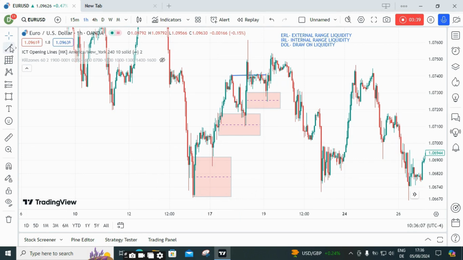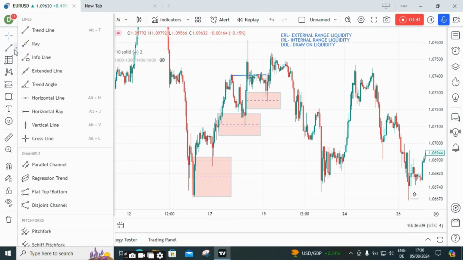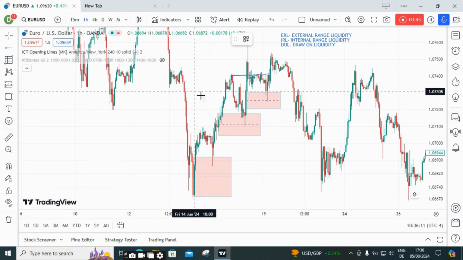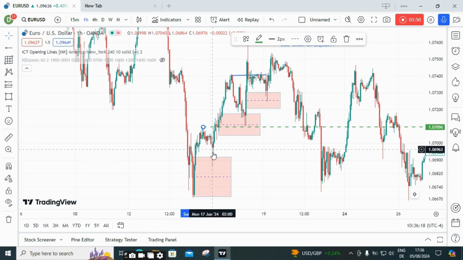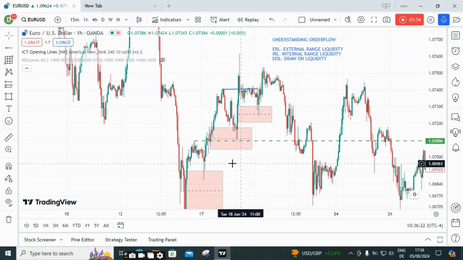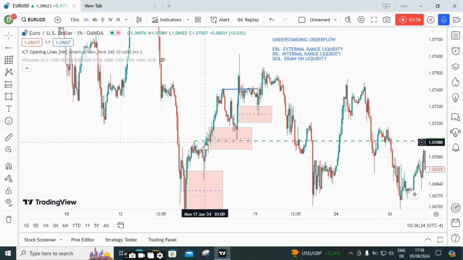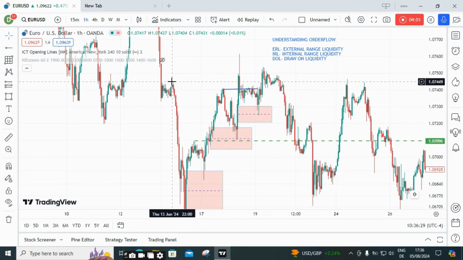Upon retesting the order block, it gave us a chance to have a draw on liquidity. Our first draw on liquidity was this swing high, which we saw as our first take profit area.